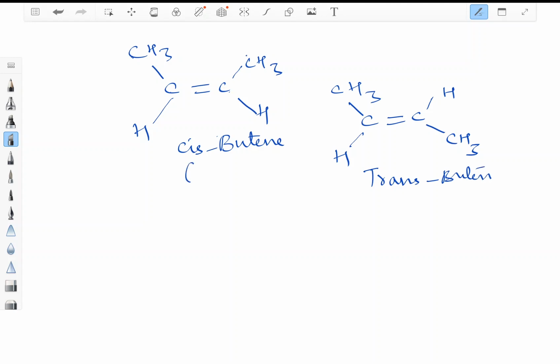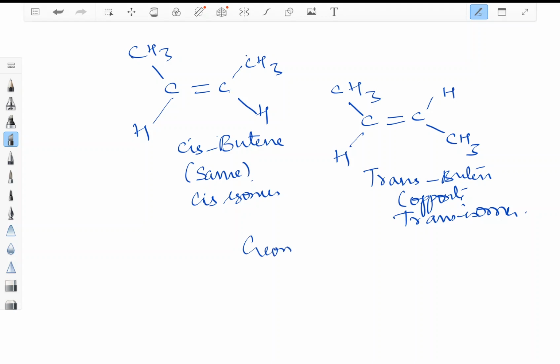Cis means on the same side, trans means on opposite sides. On the same side it is the cis isomer, on opposite sides it is the trans isomer. And these are the examples for geometrical isomerism.